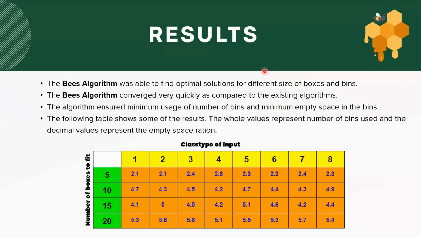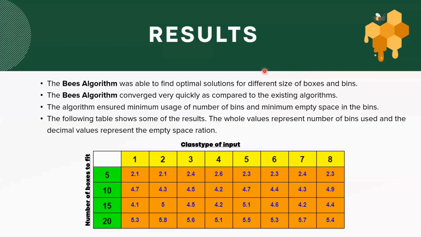So I'm happy to share that the Bees algorithm was able to find optimal solutions for different sizes of boxes and bins. And the Bees algorithm converged very quickly as compared to the existing algorithms, which was one of the key reasons that the traditional algorithms are not much used, because they do not converge very fast.